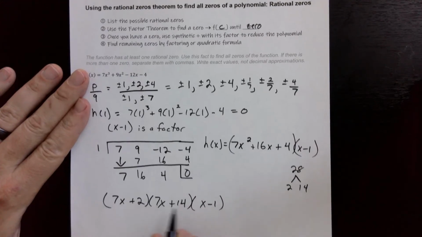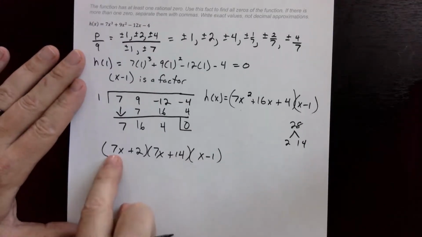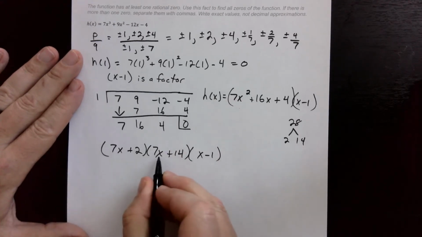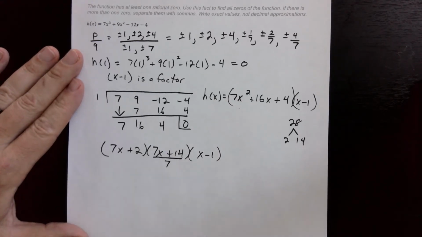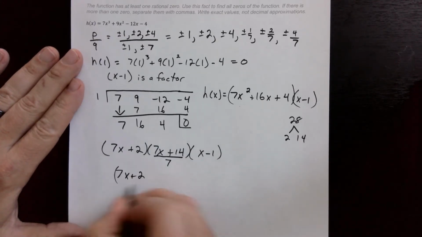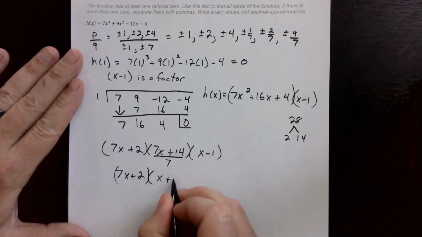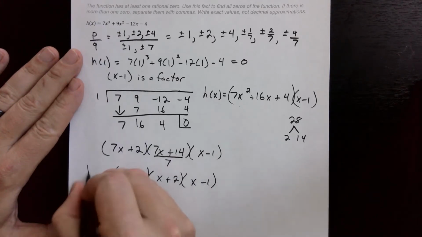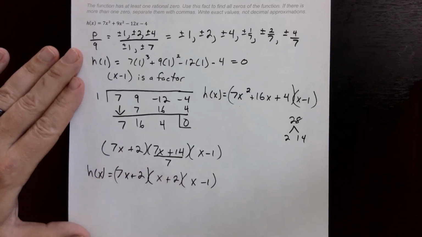Because 7x times 7x is not 7x squared, on this one you can see that both terms are divisible by 7, so just go ahead and do that, and it takes care of things. So you get 7x plus 2, x plus 2, and x minus 1, and that's all equal to h of x. So we've factored this completely.